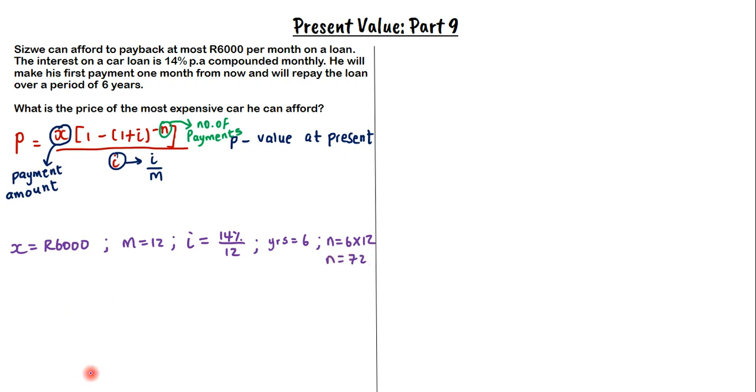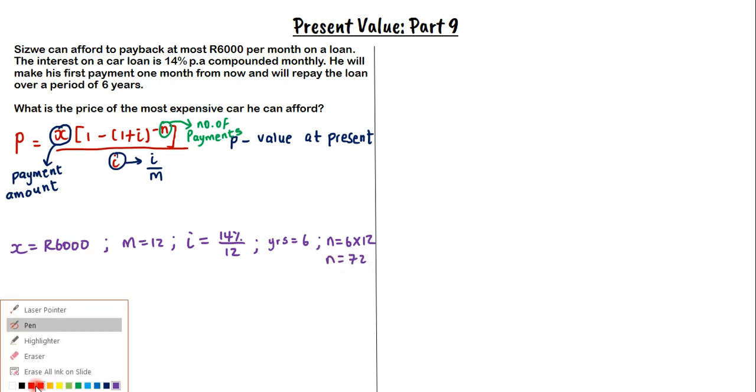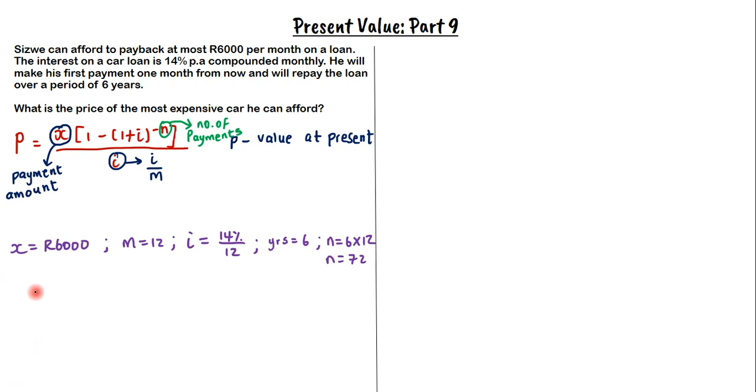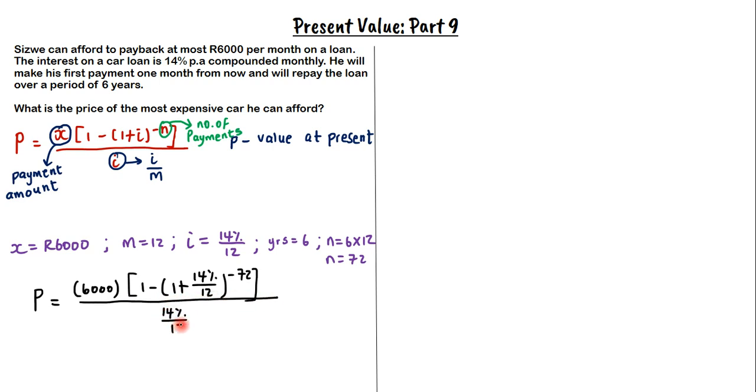Then we will look for our value of P. I'm going to substitute 6,000 into 1 minus 1 plus 14% over 12, to the power of minus 72, and all of this will be divided by 14% over 12.